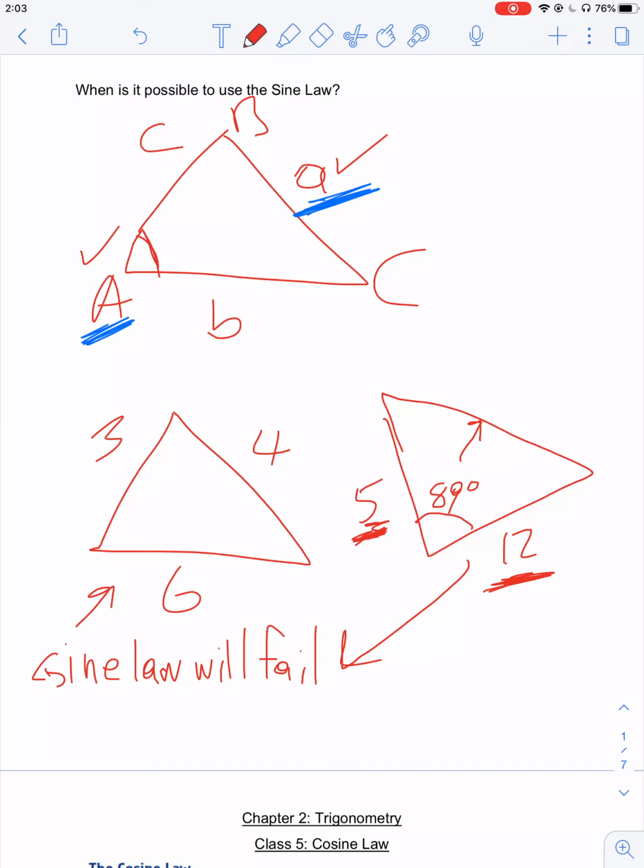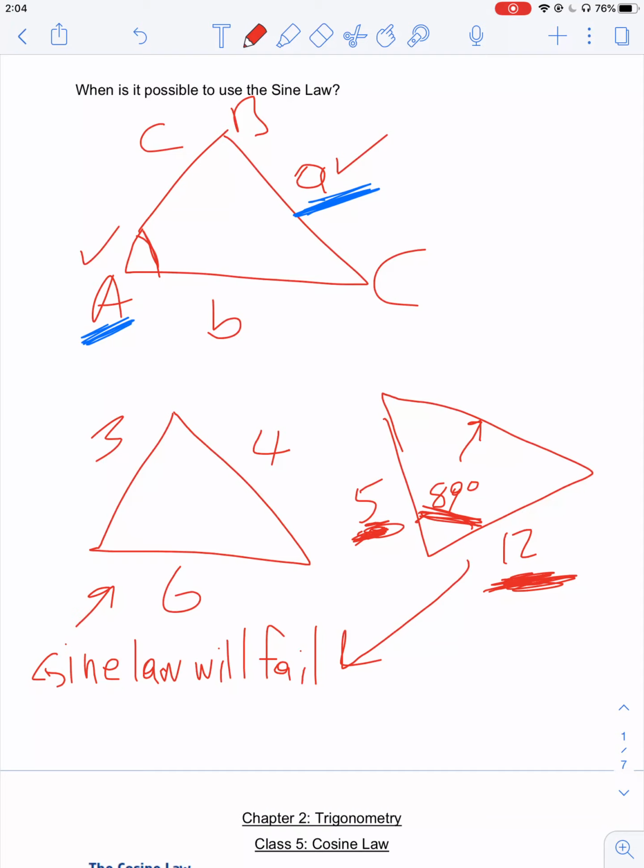Okay, so you have 12 over here, right? So if you knew what this angle was, you could have used sine law, but you don't know that angle, right? You have 5 over here. If you knew what this angle was, you could have used sine law, but you don't know what that angle is, right? And same thing over here. You know what this angle is, but you don't know what this side length is. So sine law will not work.